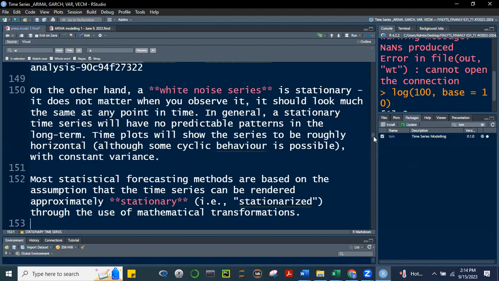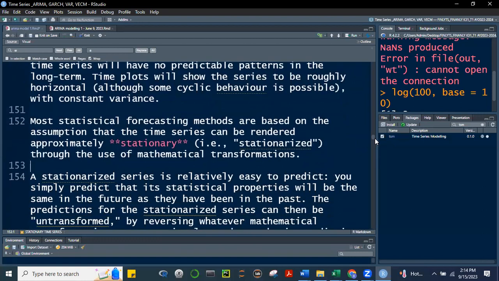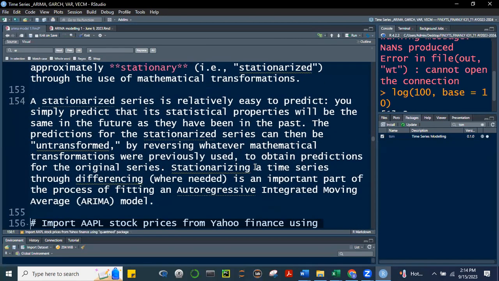All right. Most of the statistical methods here, class, are based on the assumption that the time series can be rendered stationary, or stationarized, through the use of mathematical transformations. And here, class, why do we have to convert our data to a stationary data series? Because when you have stationary data, it's relatively easier to predict.